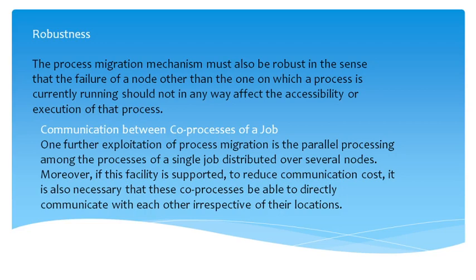So if this facility is supported, which means there is communication between co-processes, then it can reduce some communication costs, and it is also necessary in order to communicate between the co-processes. So these are the desirable features of a good migration mechanism.